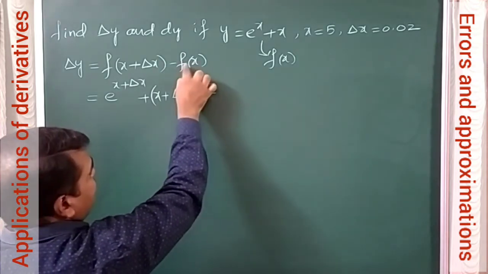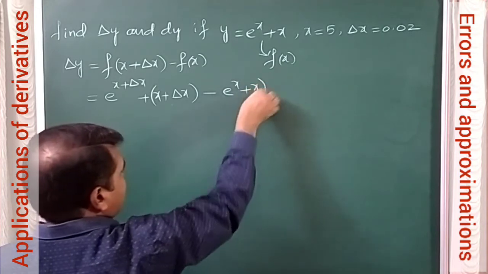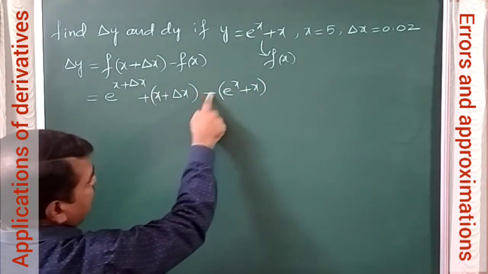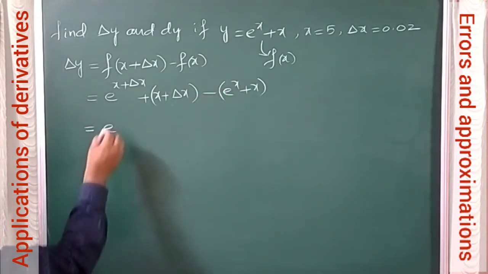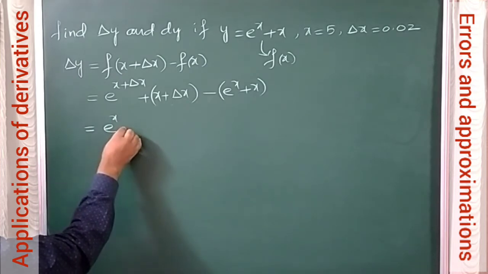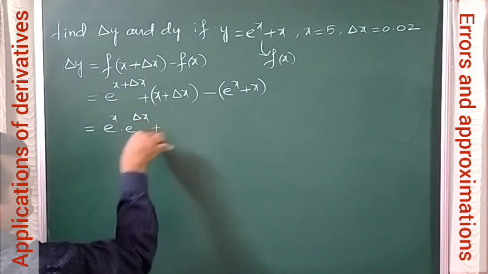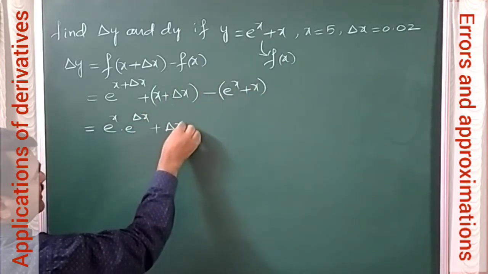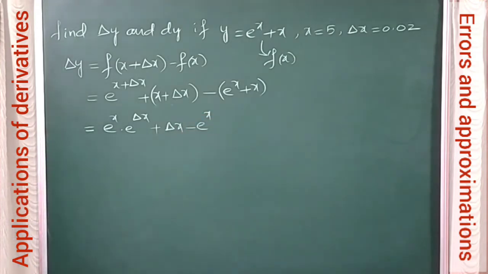Now minus f of x means as it is e power x plus x. Now this plus x and minus x will be cancelled. So you can write this as e power x into e power delta x plus delta x minus e power x.